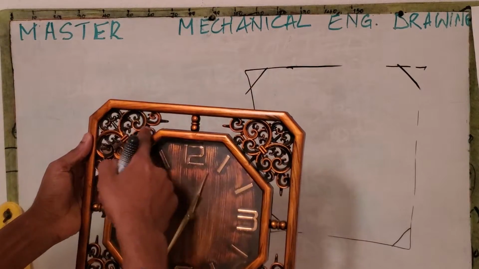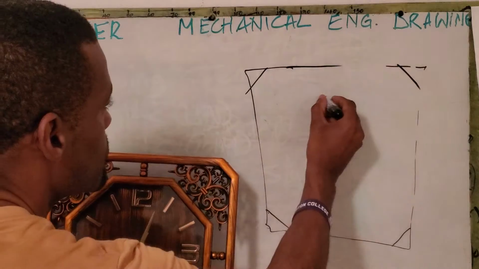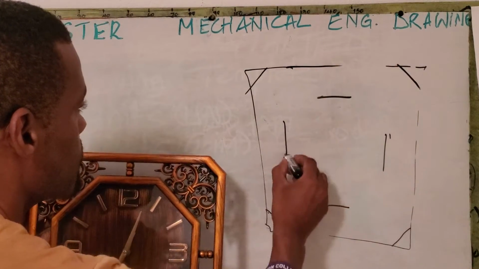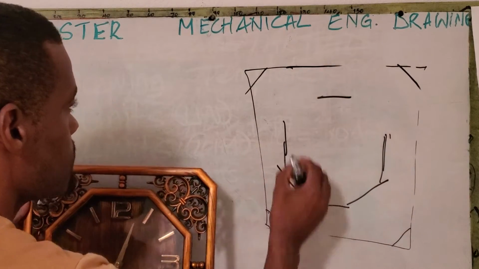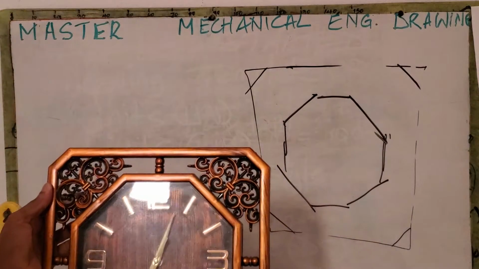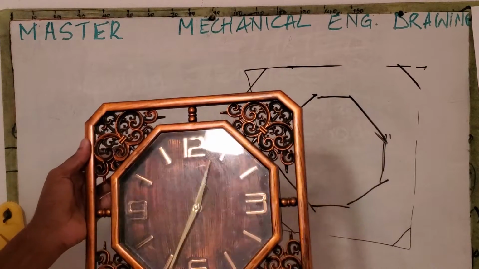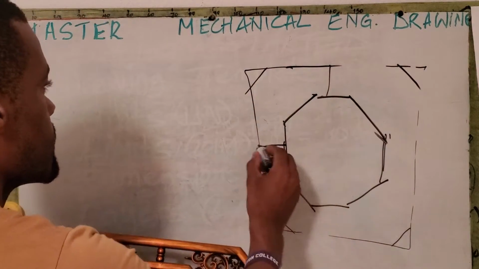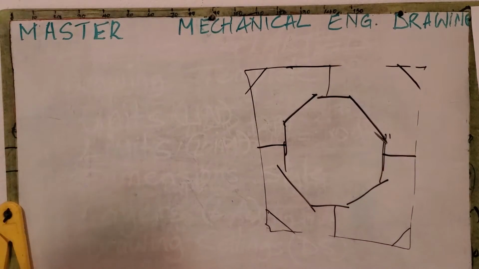So here we have an octagon, and another octagon here. And we also have these four pieces here.